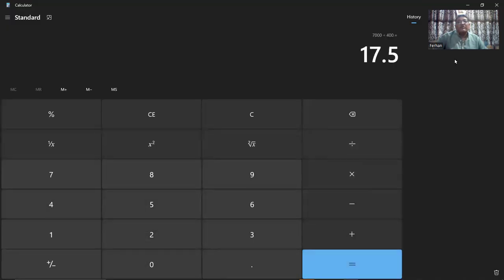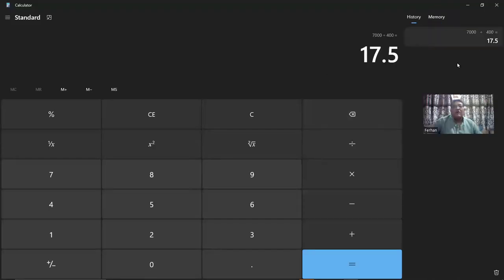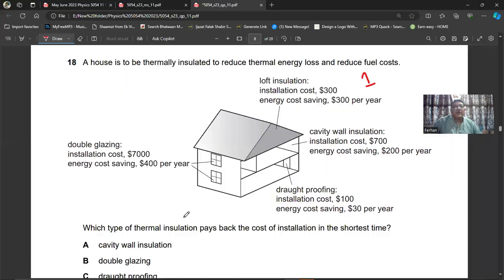It will take approximately how many years? It will take 17.5 years. As for cavity wall, installation costs $700 and energy cost saving is $200 per year. So this is going to be 700 divided by 200, and this is going to take more than 3 years. It will be 3 point something.